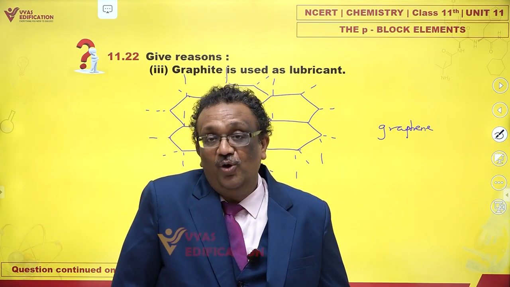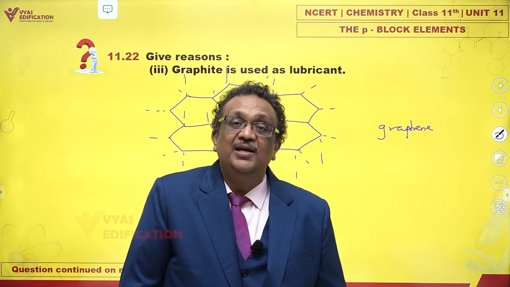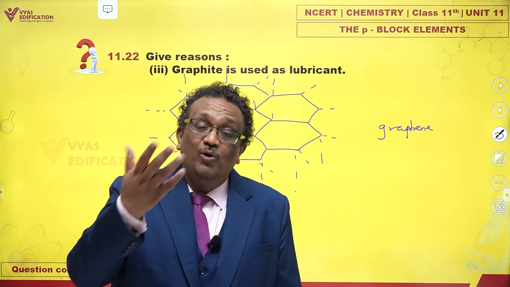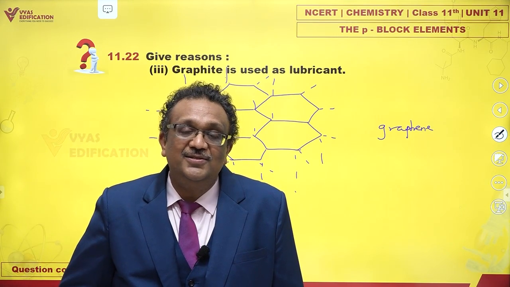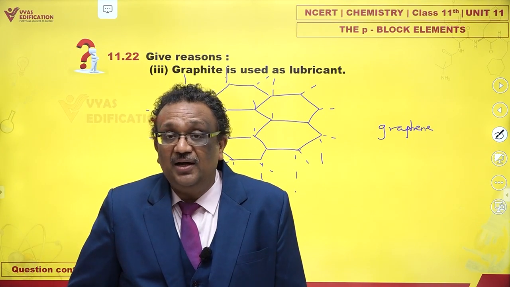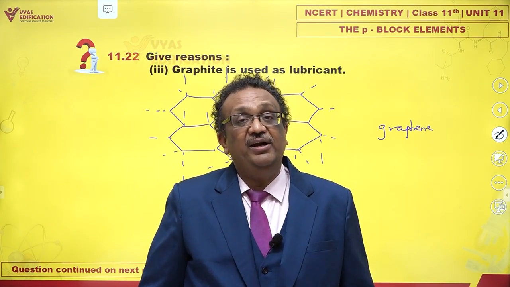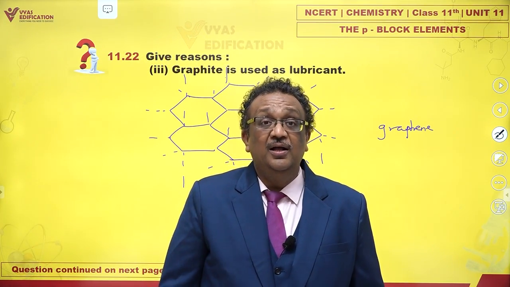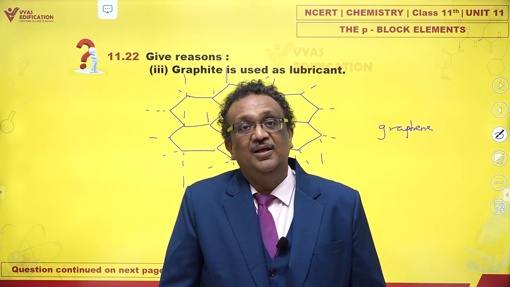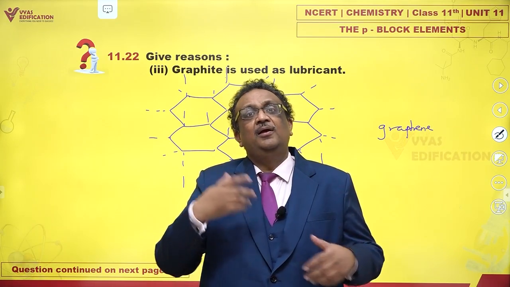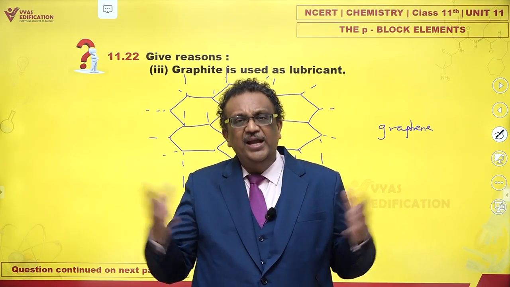Yes. One more very interesting thing about graphite is that it has a very, very high melting point, more than 4,000 degrees Celsius. What does that mean? It means that if graphite powder is applied as a lubricant, as a solid it would never melt. Many times, if you apply something like grease as a lubricant, on heating it melts.